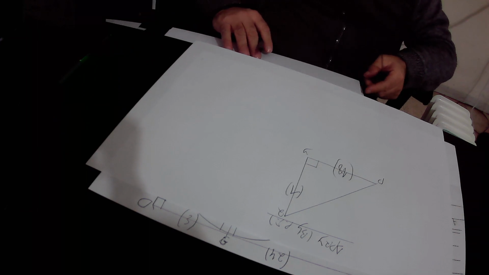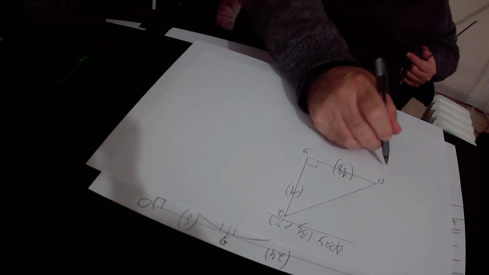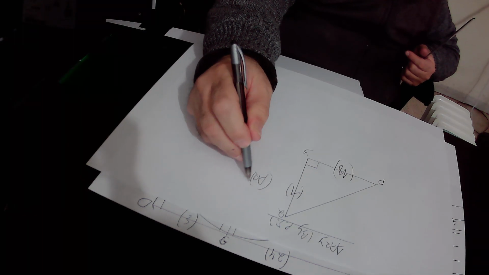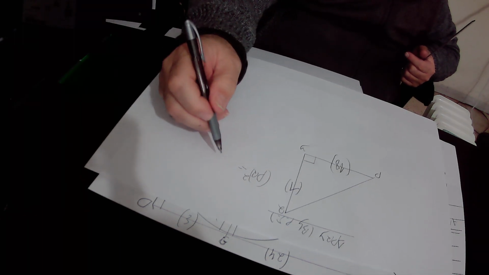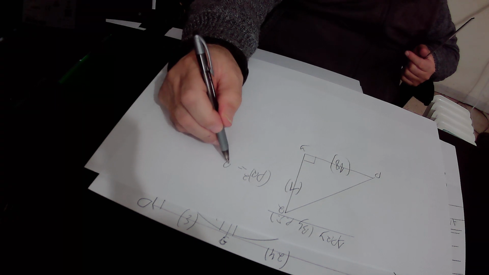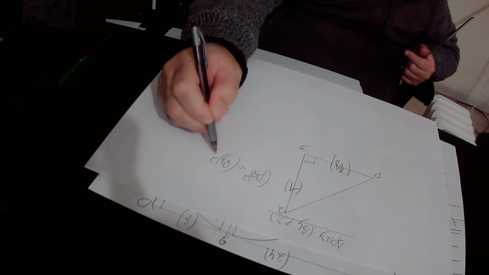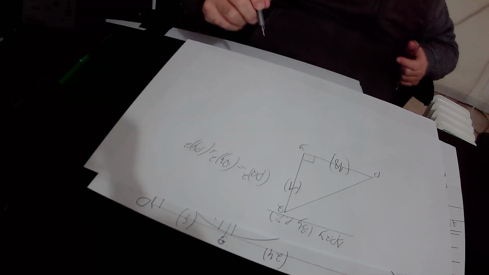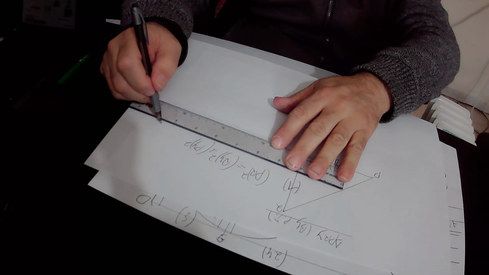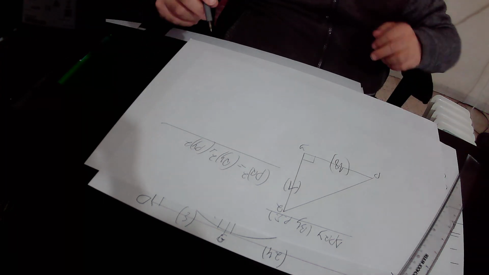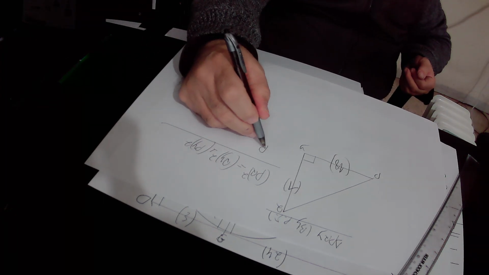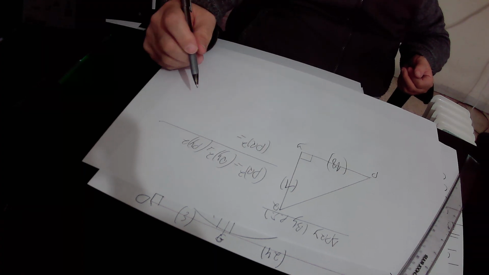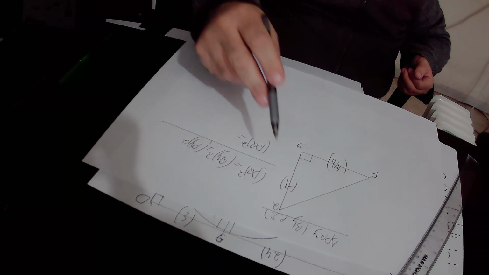According to the Pythagoras theorem, in this right triangle PQY, PQ squared equals QY squared plus PY squared. So PQ squared equals QY squared.